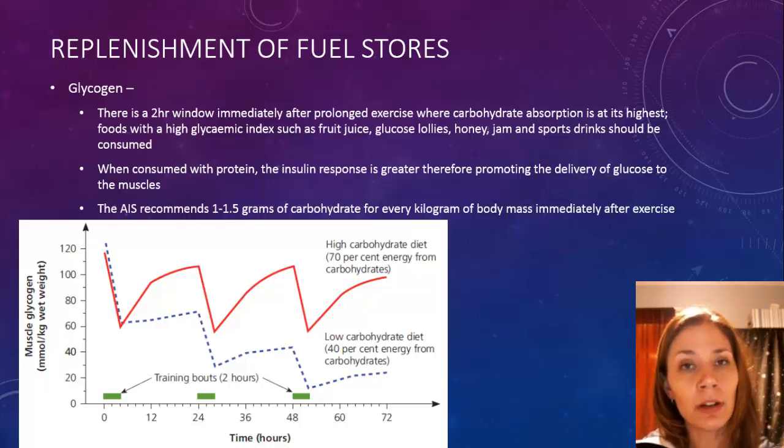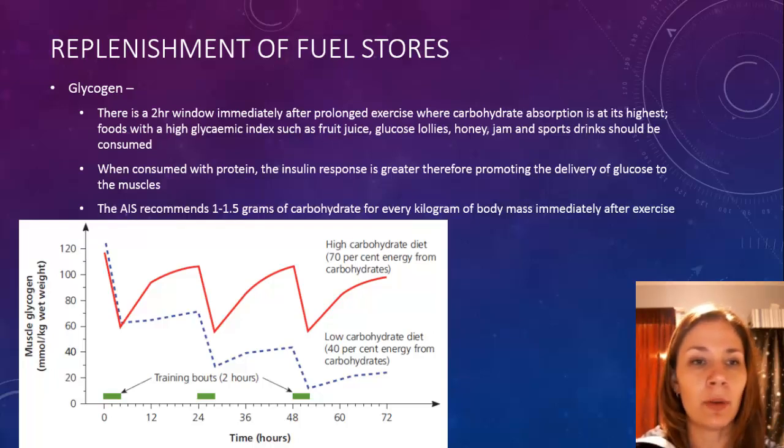Now, the person with the low carb diet didn't really replenish their stores very well at all. By the time they got to the 3rd training bout, in that 48-hour time frame, they didn't have a lot of carbs at all, and as a result they would have suffered. They wouldn't have been able to train properly.